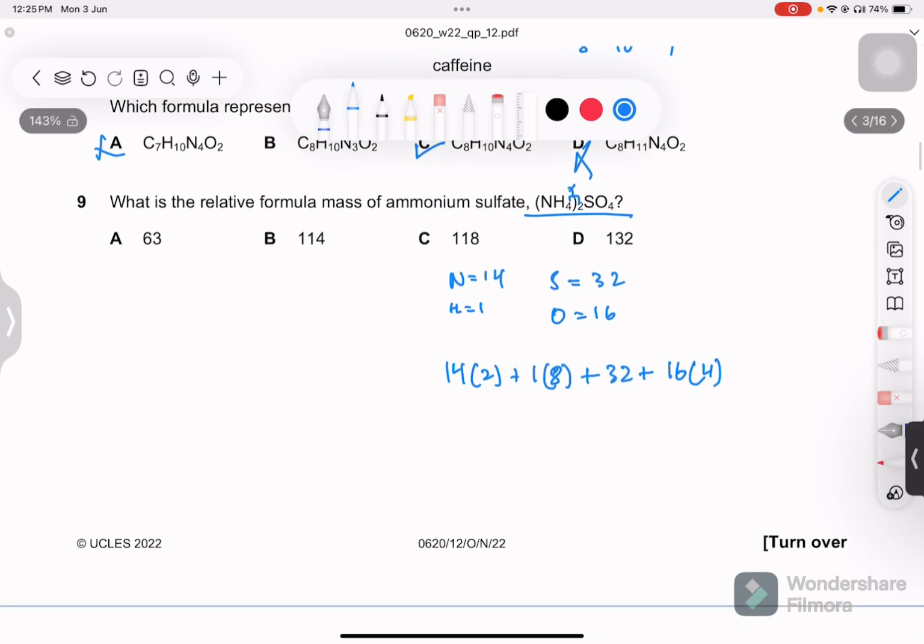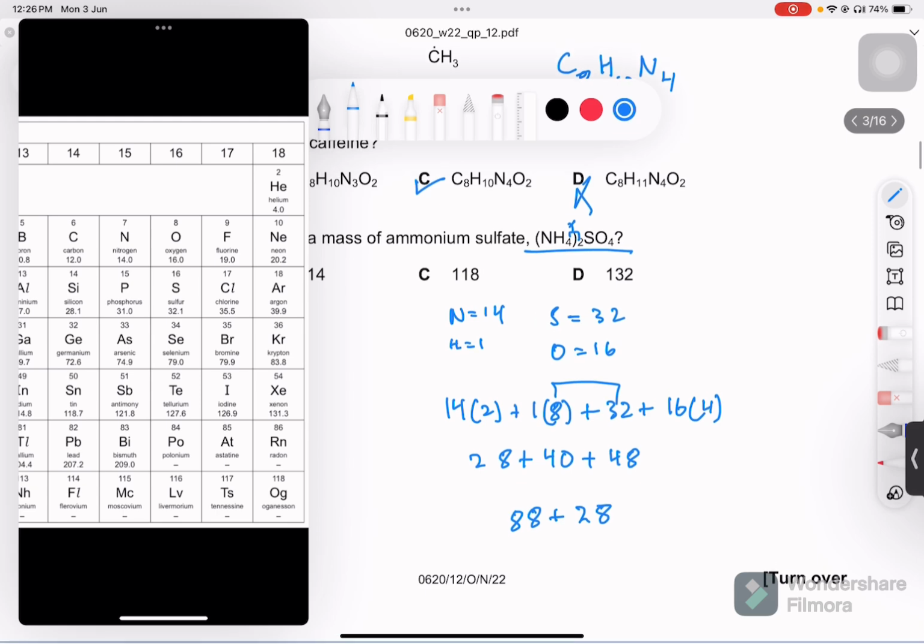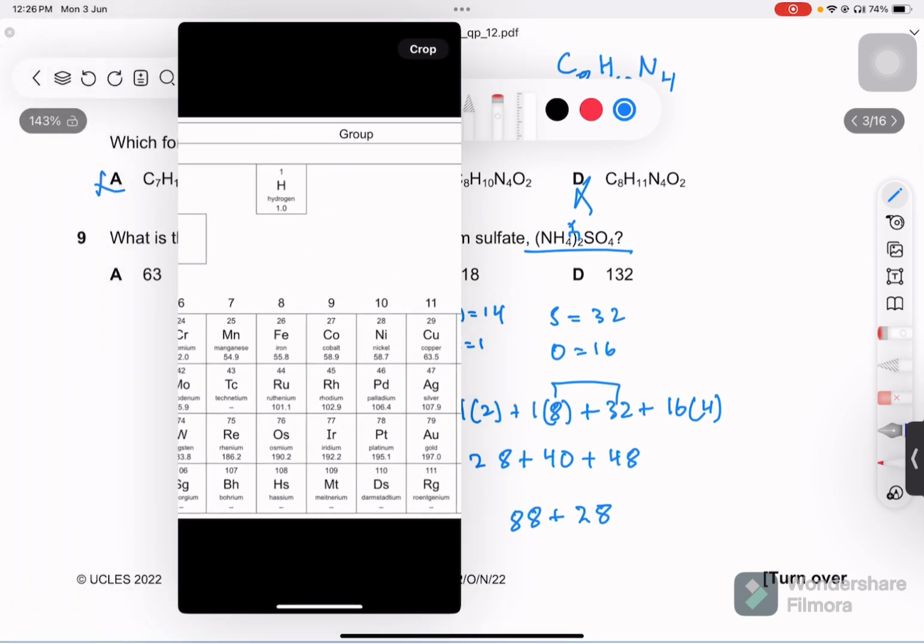So this will give us 28 plus 8, basically plus 40 if we add these two, plus 48. So 88, 88 plus 28, so 118. Or maybe we should add again by using the calculator.